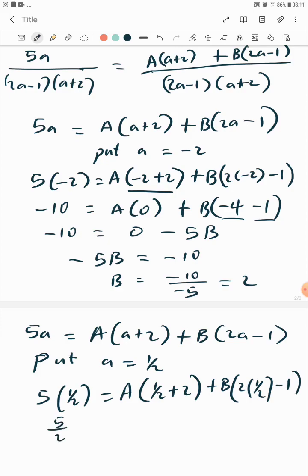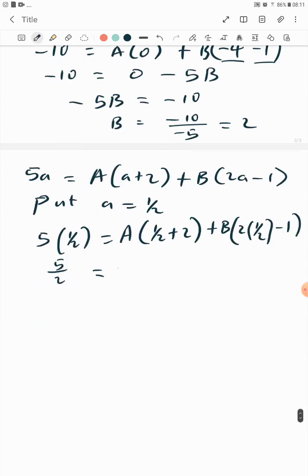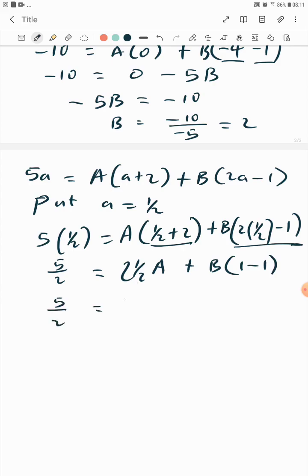So this will give me 5 over 2 equals, this will give us 2 and a half, that's what this will be a, and then plus, of course, this one will be 0, but let's write it. That will give us 1 minus 1. That will give us 5 over 2. 2 and a half here will also give us 5 over 2a plus 0. Everything here will become 0.